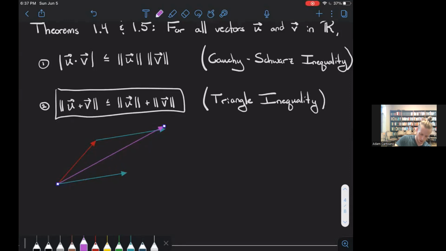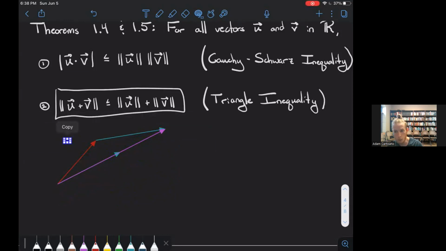So here we've got two vectors being added together, and then we're going to go and compute lengths of everything. So let's go and do this. There we go. That was easier than I thought it would be.